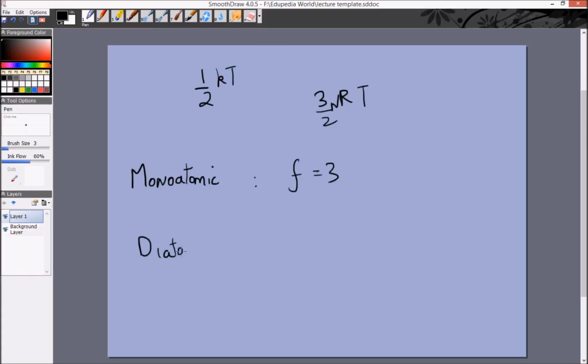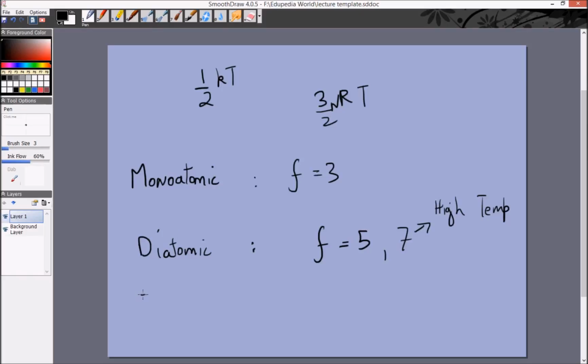If you have a diatomic gas, like oxygen, nitrogen, then the degrees of freedom are actually 5, and they become 7 at high temperatures. If it's specifically given that you have to consider high temperatures, then take 7, otherwise it will always be 5.